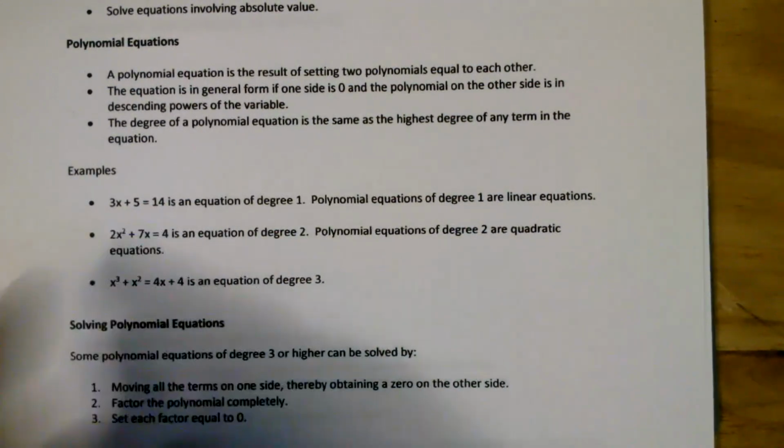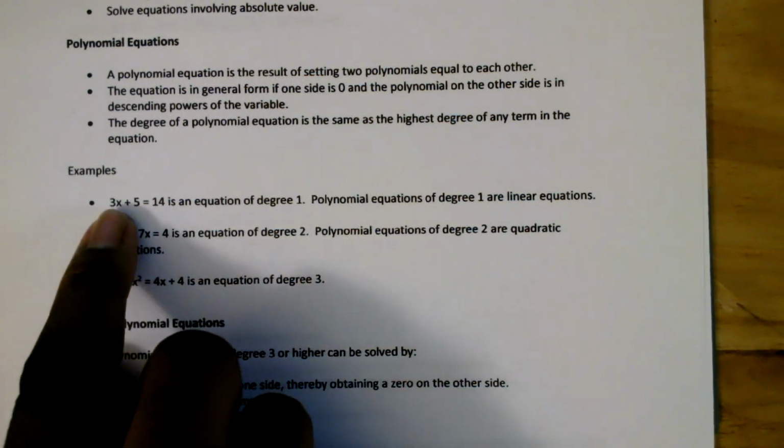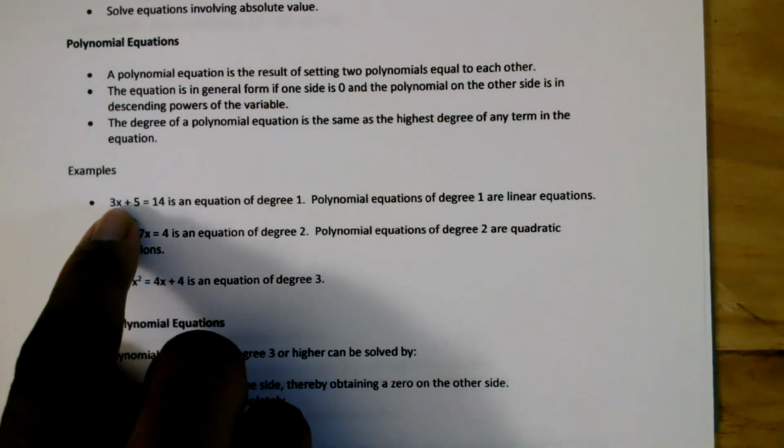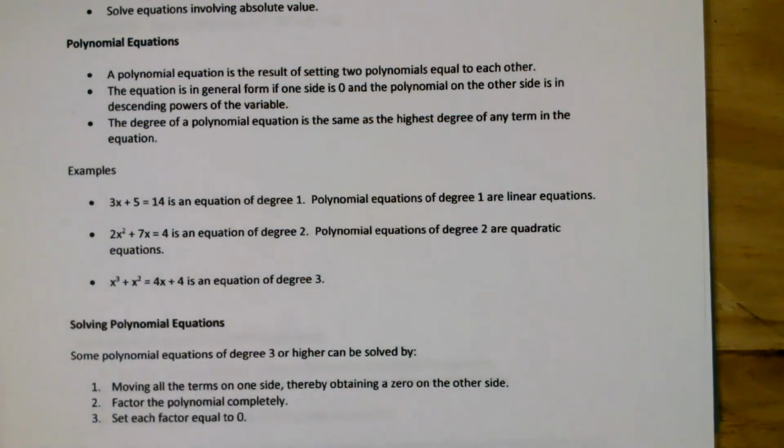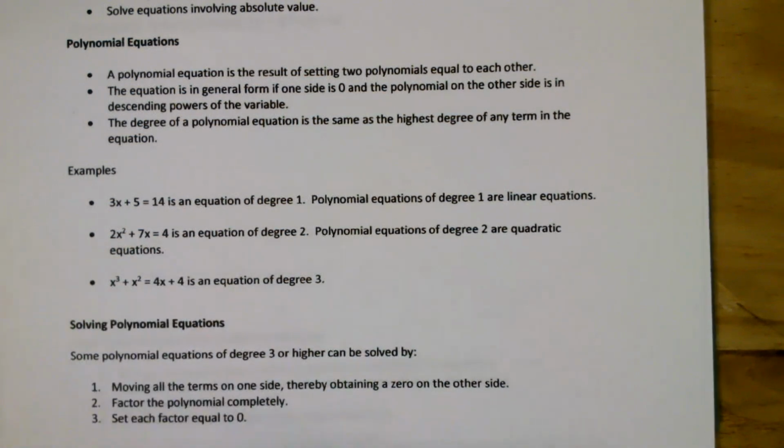like 3x plus 5 is equal to 14. This is an equation of degree 1. Here the highest exponent on the x is the understood 1. And we call those linear equations. We did do some linear equations back in section 1.2. And then 2x squared plus 7x equals 4 is an equation of degree 2, because the highest exponent is a 2.